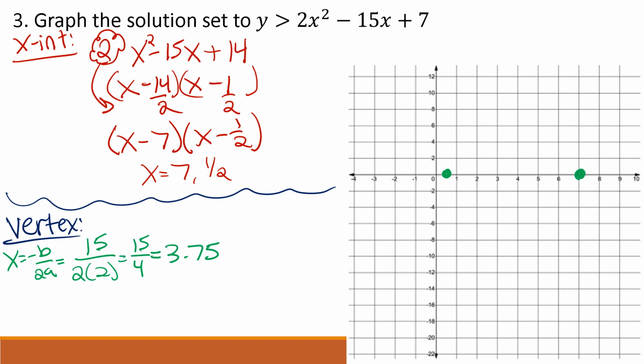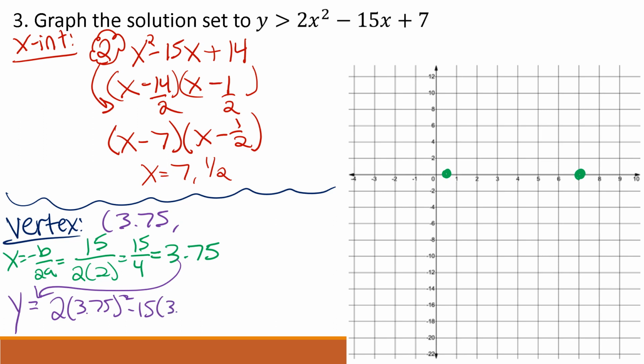So then we need to plug that back in. That's the x value of the vertex. So we need to plug that 3.75 into our function and figure out what y is. So we're going to do 2 times 3.75 squared minus 15 times 3.75 plus 7.